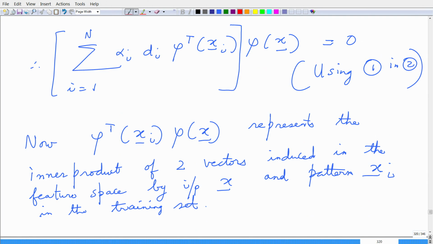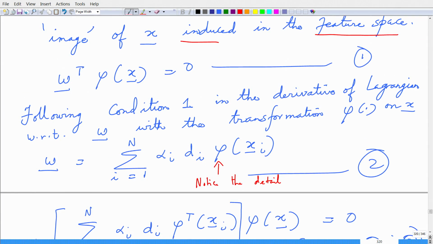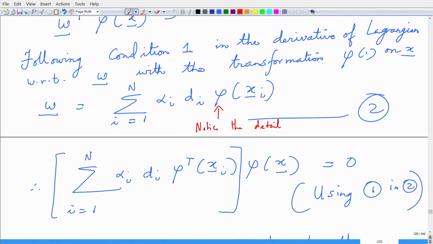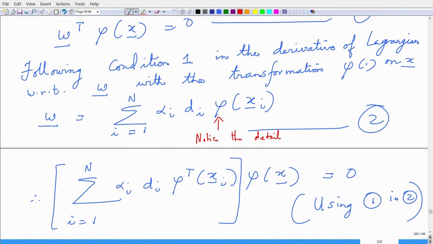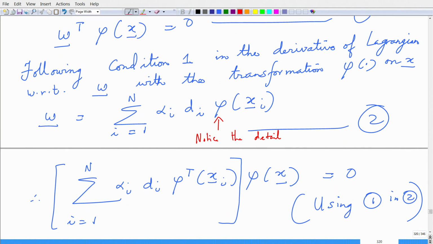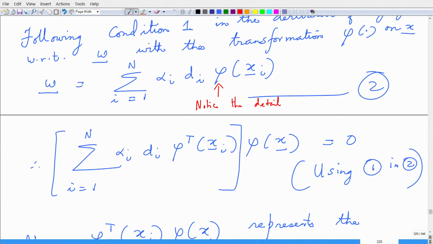Now plugging equation 1 in equation 2, W transpose phi of x is 0. So the transposition happens on this phi of x. W transpose is basically summation i equals 1 to n alpha i di phi transpose of xi, that is what I have written here. So that quantity times phi of x is equal to 0.